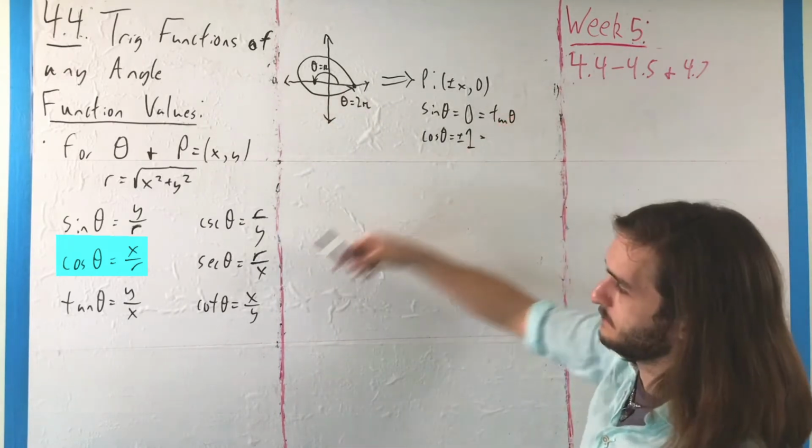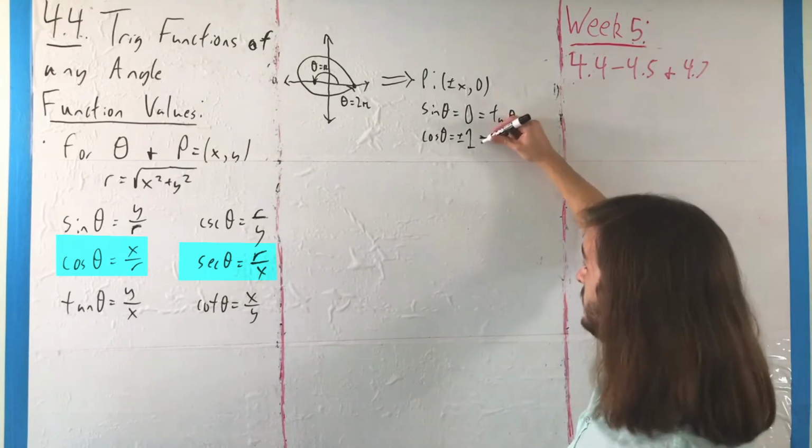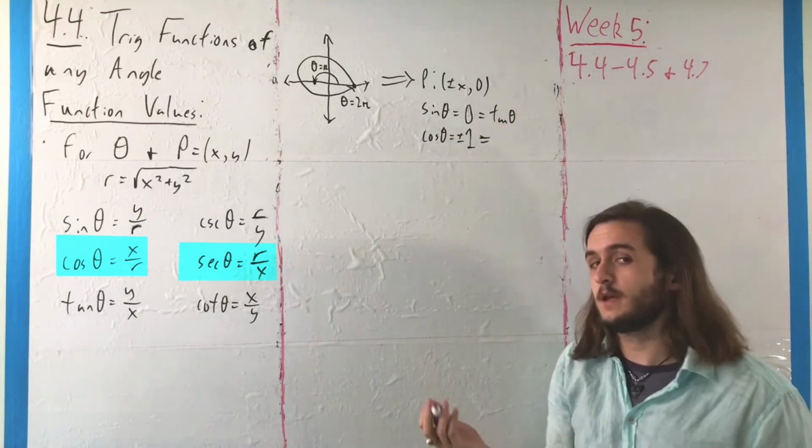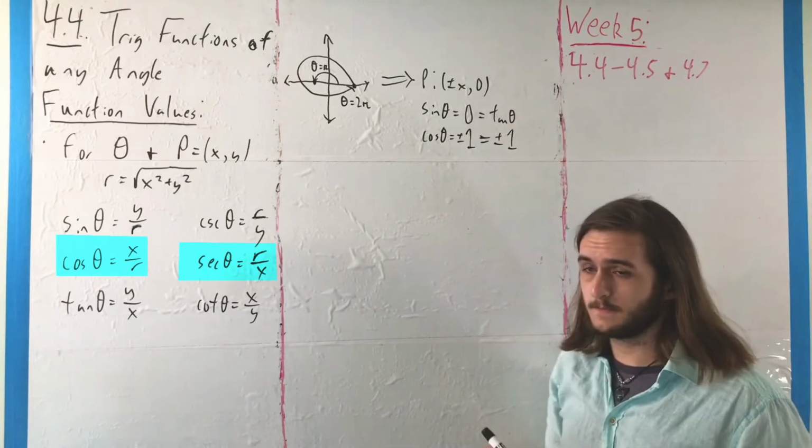And that same thing is going to happen for secant, because the radius is just the x value. Now the radius is always positive, but the x value could be negative, which is why we have to be sure that we know it's plus or minus.